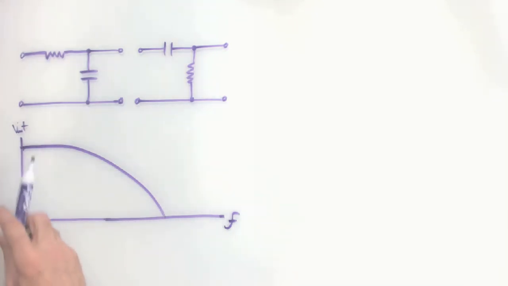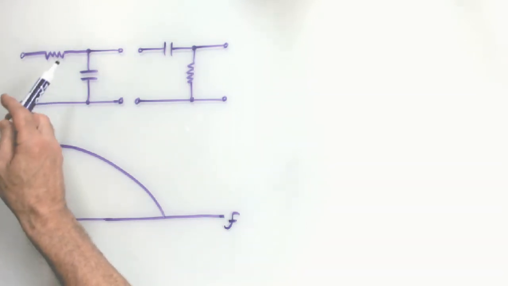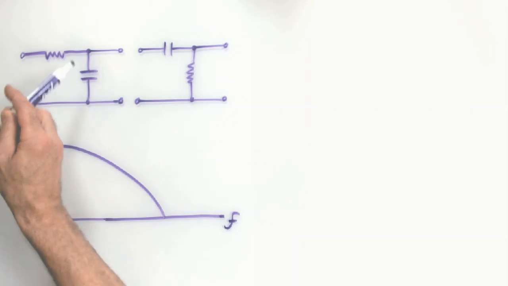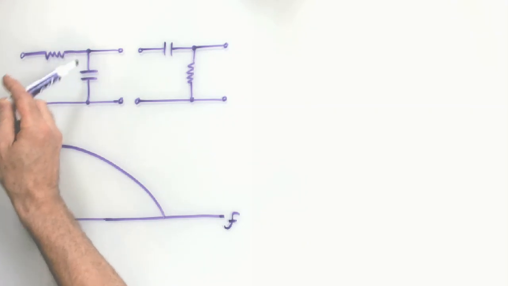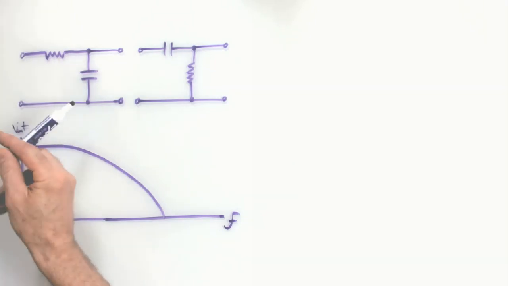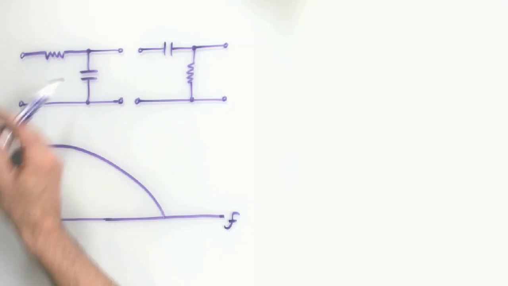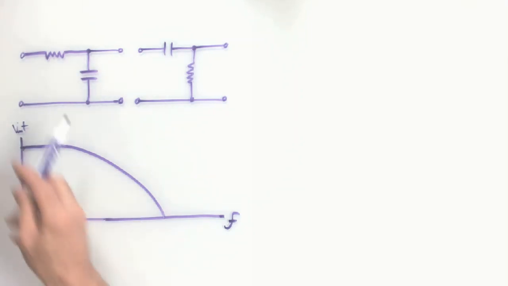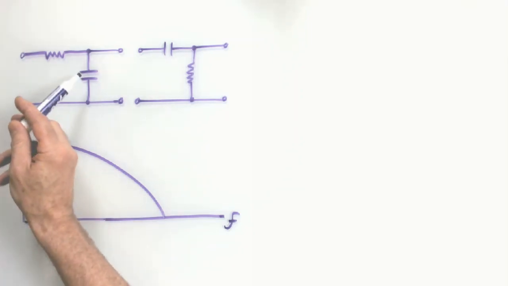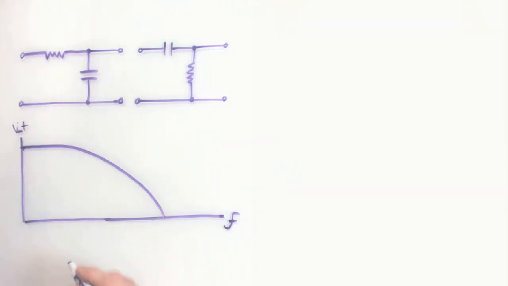And another way you can look at that is the voltage divider view, where the output is across the capacitor, and the capacitor's impedance decreases as frequency increases. So as its impedance drops, it will get less and less voltage across it. So that's another way we talked about looking at that.